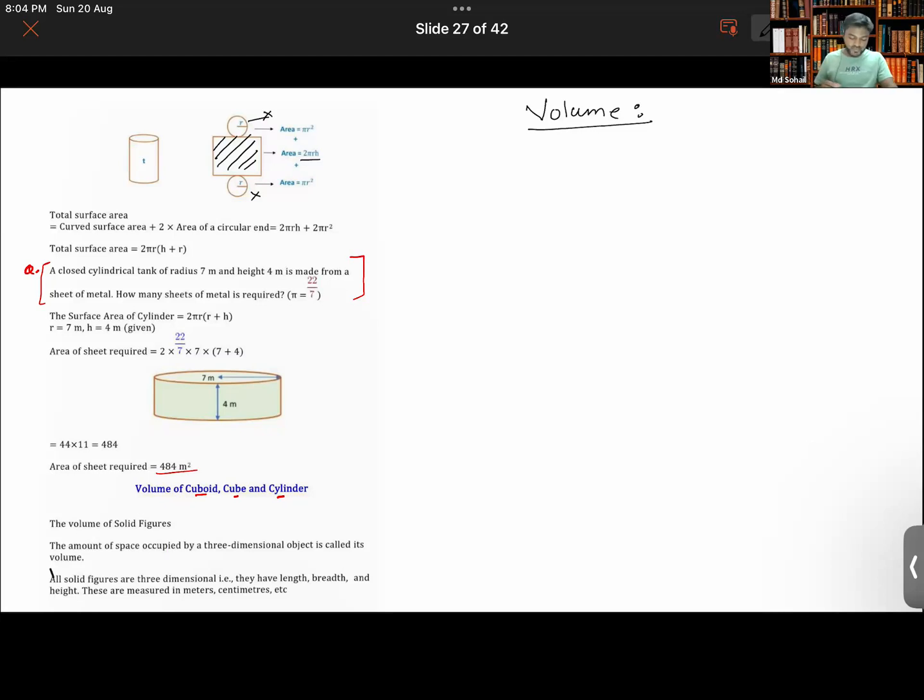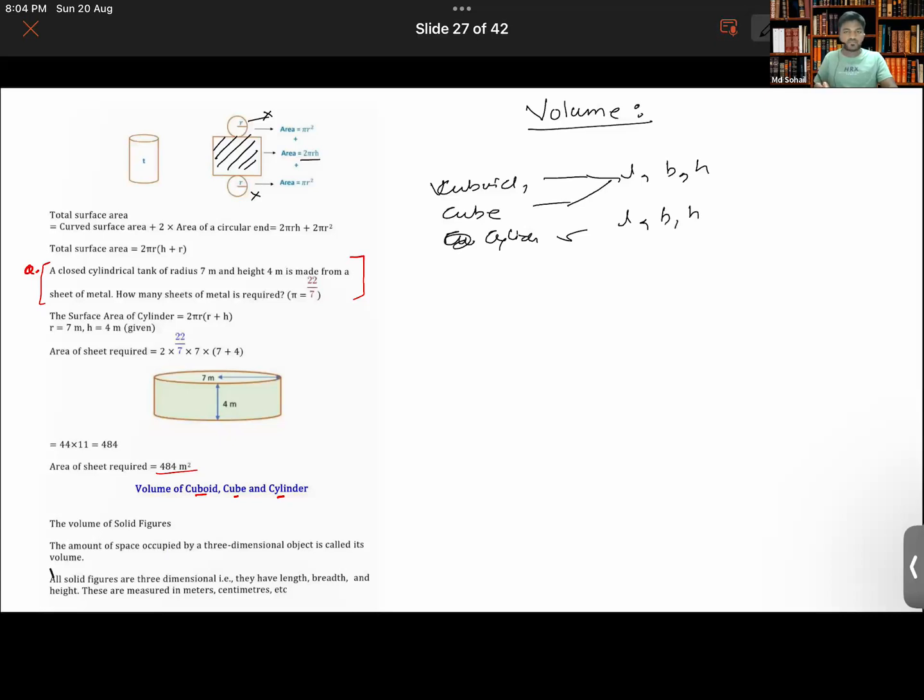Good. So you see, whether you talk about a cuboid or a cube, these figures have got length, breadth, and height. In fact, if you were to include cylinders as well, they have also got length, breadth, and height.